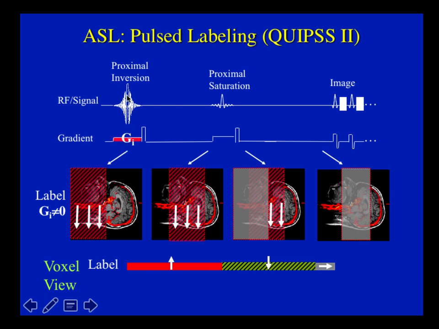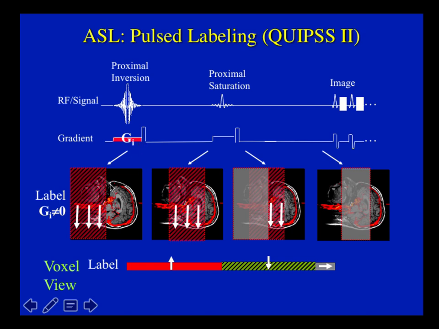After we apply the RF pulse and the gradient properly, we have the blood magnetization inverted within that slab. These white arrows represent the magnetization of blood after the inversion RF pulse.